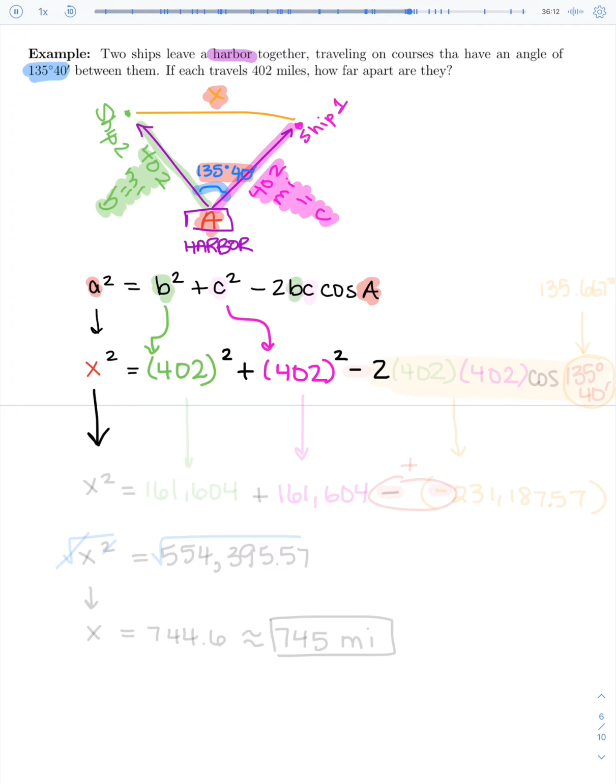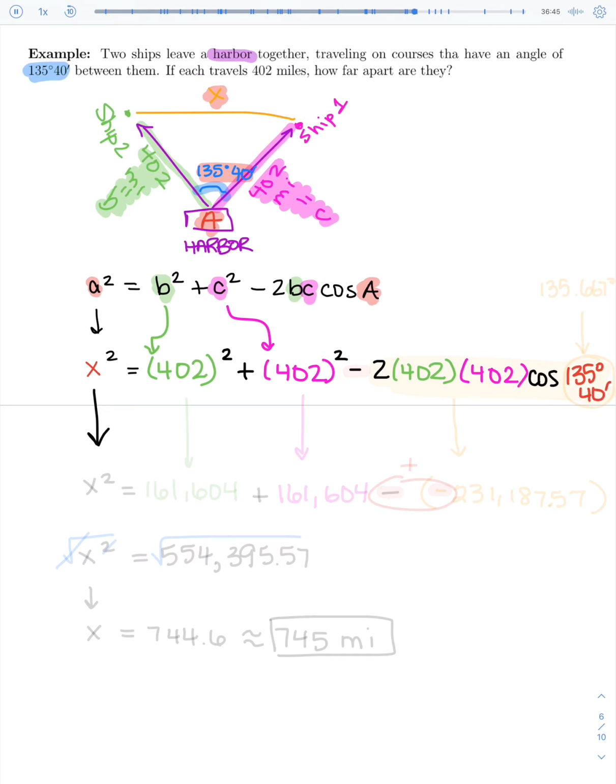We need to plug in another B, minus 2B, which is again 402, times your C, and again we've already plugged in one C, so we can plug in the other one now, which is another 402, times cosine of our angle, which in this one is A, which we said is 135 degrees and 40 minutes.